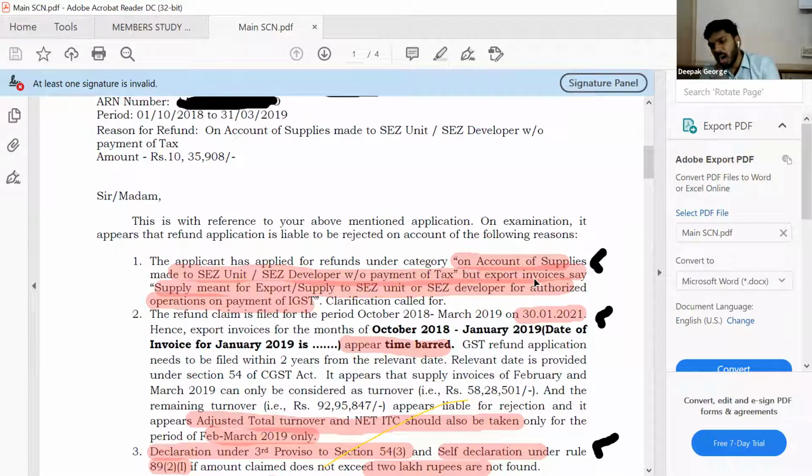But when you look at the hard copies or soft copies of your invoices, there is a particular line where you are supposed to state whether it is LUT or IGST. You have stated that to be IGST supplied to SEZ. So the officer has actually gone through these invoices in depth. Though many SSCs don't strictly follow the invoice format under GST, the officer has seen that the category does not match the particulars given in the invoice. Rejection.